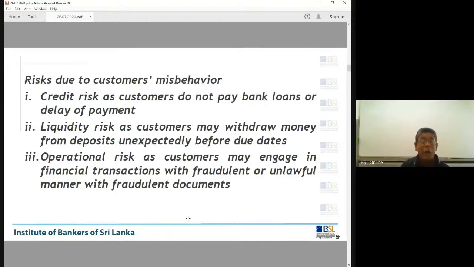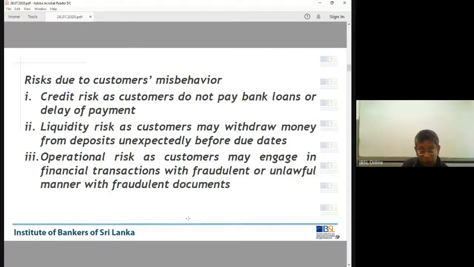Third one. Operational risk, as customers may engage in financial transactions in a fraudulent or unlawful manner, using fraudulent documents. So the bank is going to face operational risk because of the transactions customers are doing with fraudulent documents, in a fraudulent manner, or through unlawful activity, right?